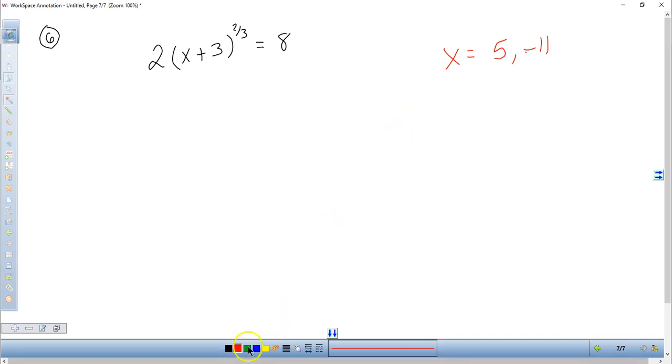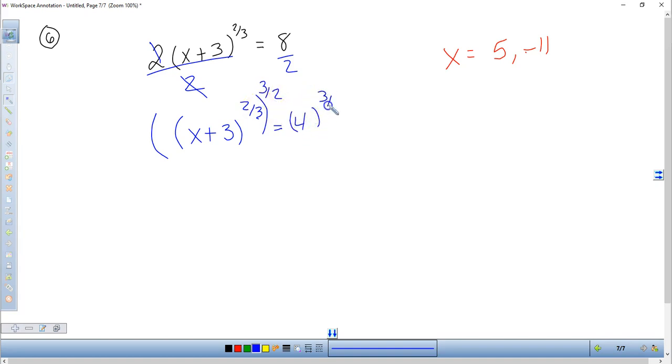Sorry about that. So for those of you that are sticking around to see the solution, first thing, I'm not going to do the 2-column proof. I'm just going to go through the steps. I'm going to divide by 2. That leaves me x plus 3 to the 2/3 equals 4. Remember that we raise them to the reciprocal. And because we have even numbers here, we have absolute value. 4 to the 3 halves means a square root then cube. So square root of 4 is 2.